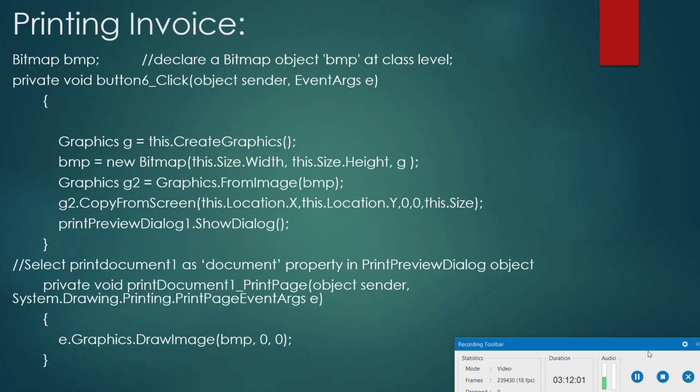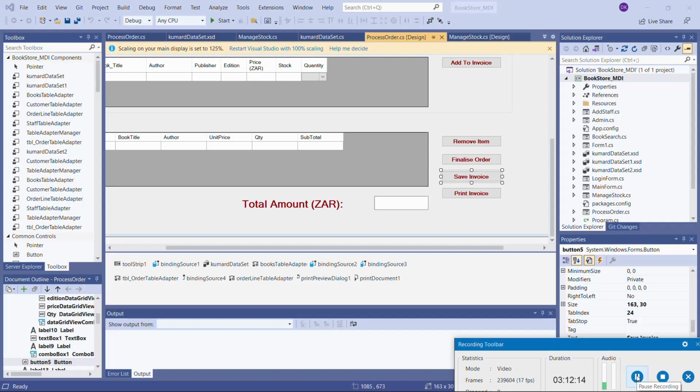I'll demonstrate that in the example that has been made available to you online, so you can look at that. Let's quickly run that example here. This is the final version, where we have a save invoice button to save our invoice as PDF, and a print invoice button.